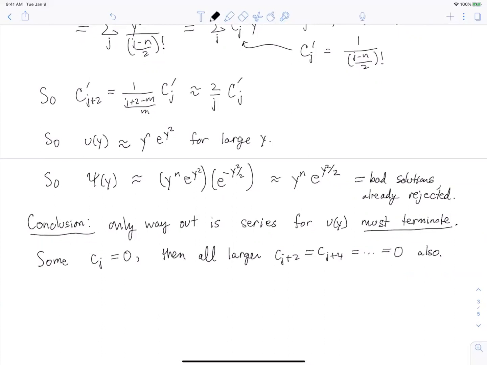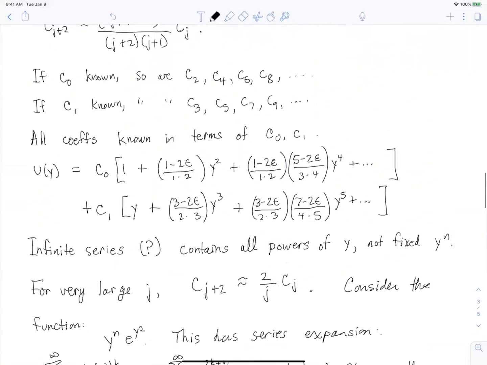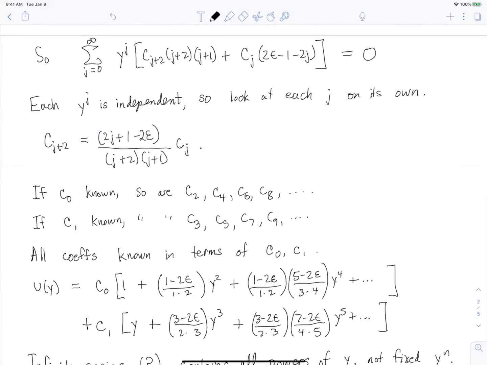So let's go back to our original relation for the c j plus 2 and the c j. And where was that? It was way back up here. Okay, so that's a super important equation. I should have probably highlighted that, because that's the key to the whole thing.